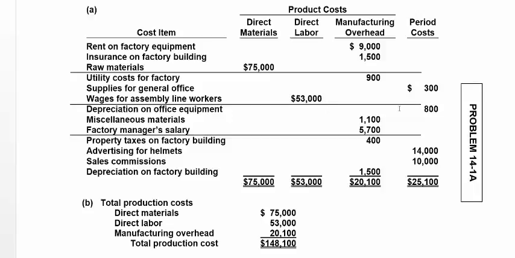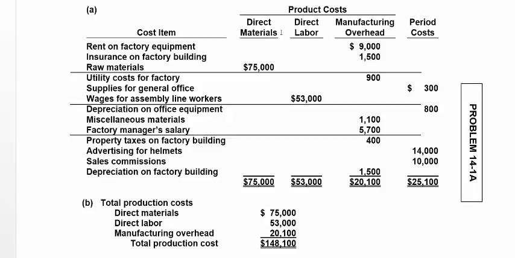We've got depreciation on office equipment, miscellaneous materials, factory manager's salary, property taxes on factory building, advertising for helmets, sales commissions, and depreciation on factory building. So notice these were all plotted underneath their particular area.